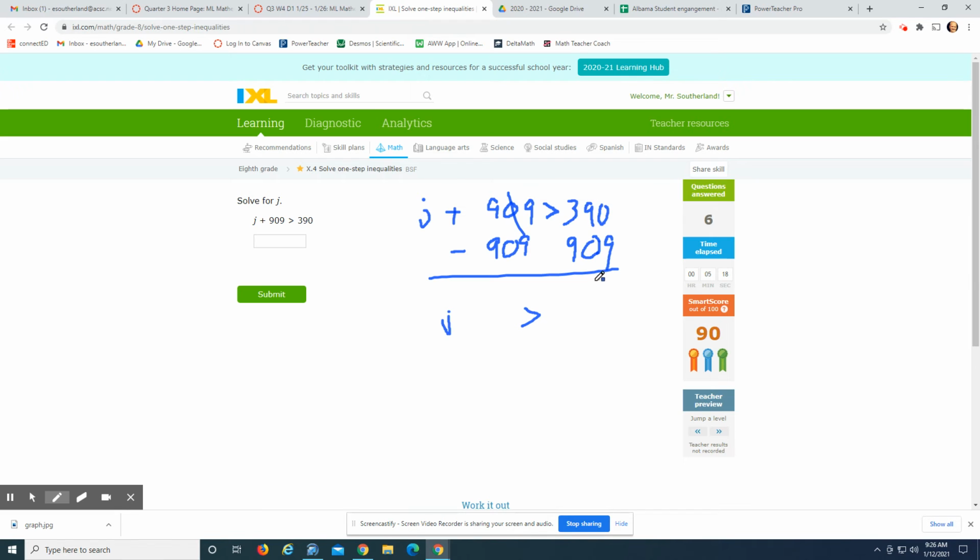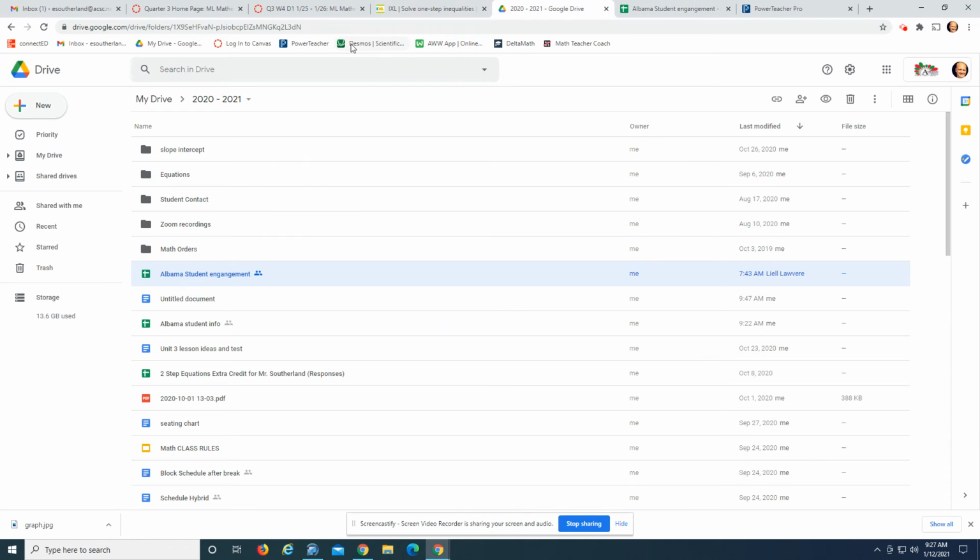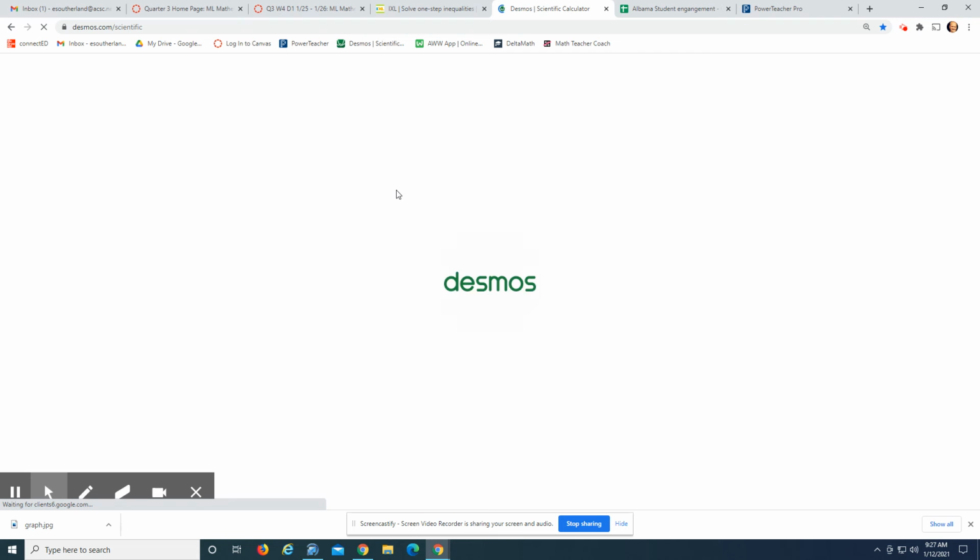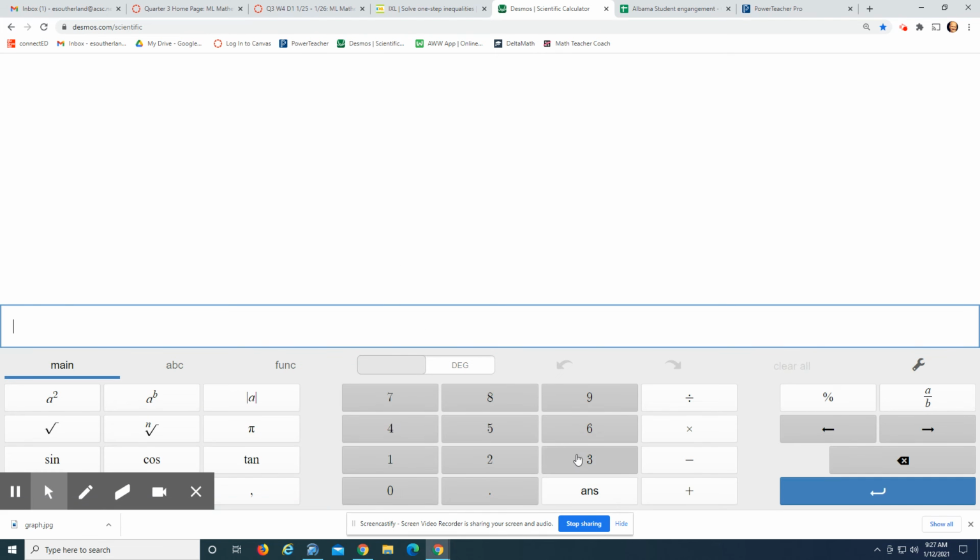390 minus 909 is going to be negative. And then you've got to borrow and stuff. But when you get to big numbers like this, I really recommend just simply using a calculator. And so that's what I would do. So 390 minus 909 comes out to be negative 519.